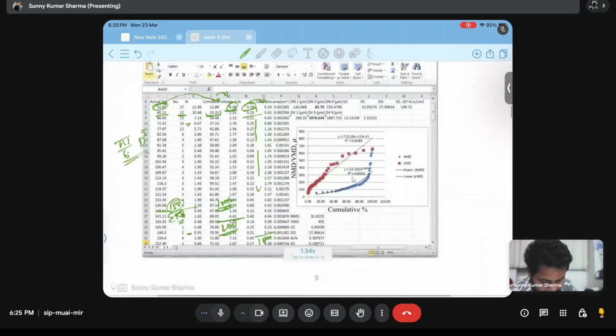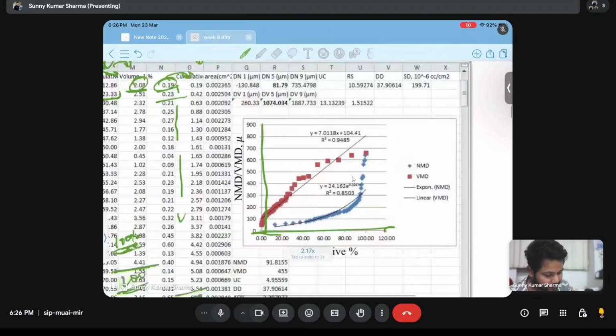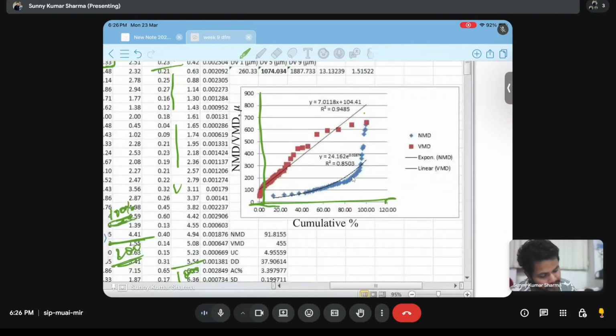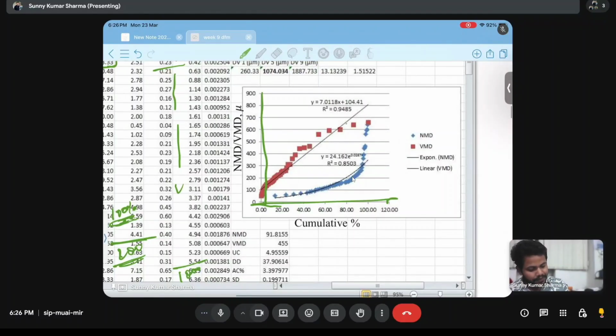Now this diameter we will keep on the y-axis, and the cumulative percentage on the x-axis. We will do the cumulative percentage for number and for volume. One graph will be made, and one best fit equation will be derived from this graph.